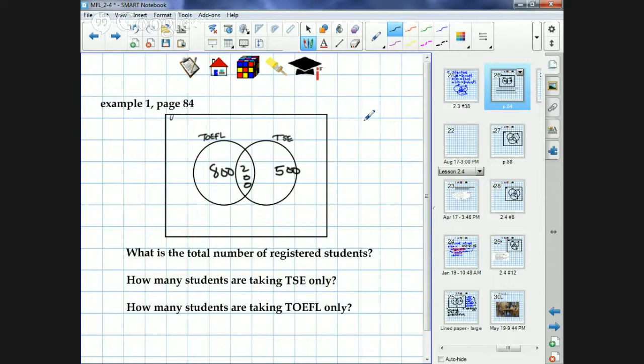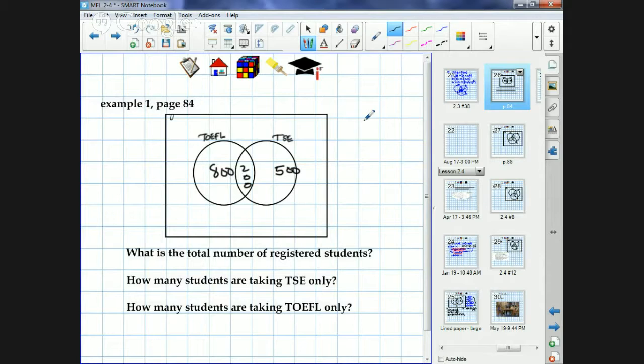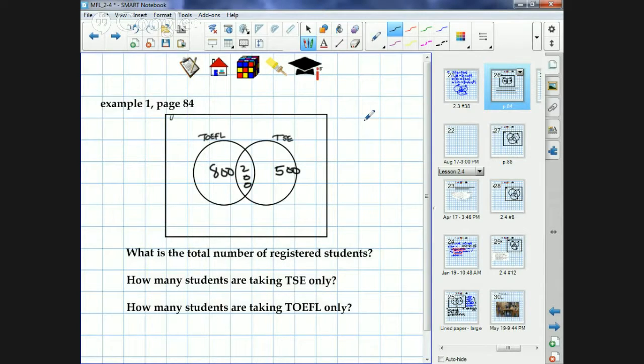The whole problem is you've got to start with the overlap. How would you know that's incorrect based on the information? How many are in the TOEFL circle right now? 1,000. And that violates what the problem said.